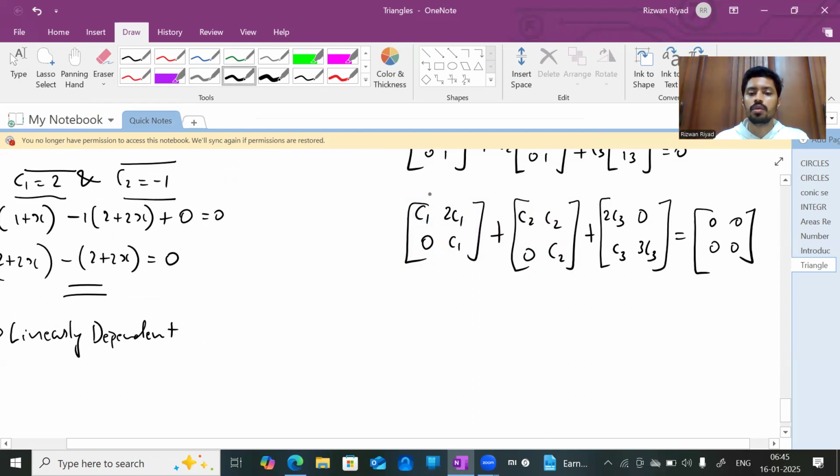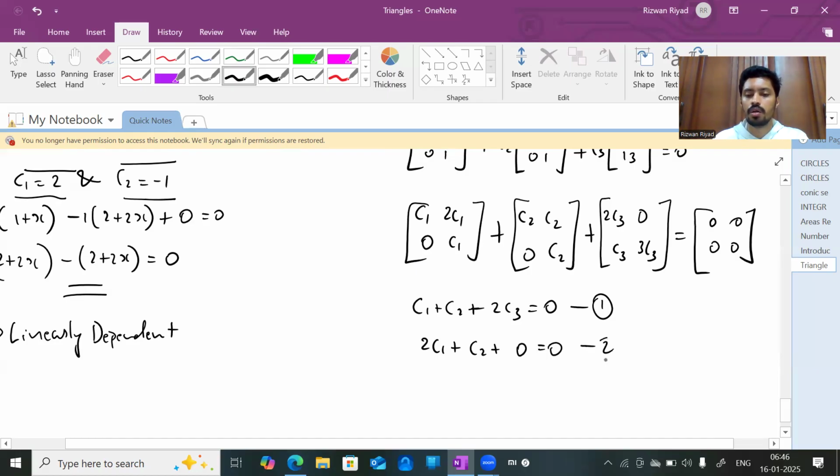So C1 plus C2 plus 2C3 should be equal to 0. That is equation number 1. Next, 2C1 plus C2 plus 0 equal to 0.